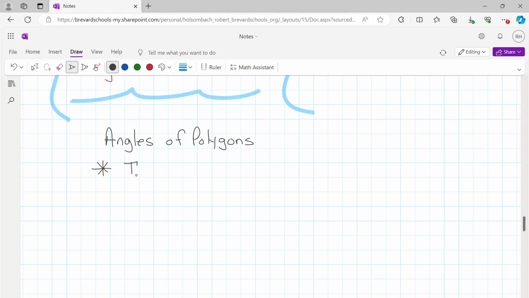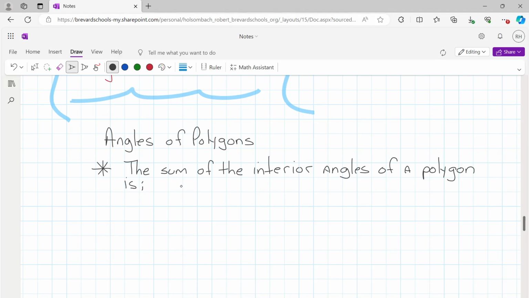The sum of the interior angles of a polygon is, we use the formula n minus 2 times 180, where n is the number of sides.